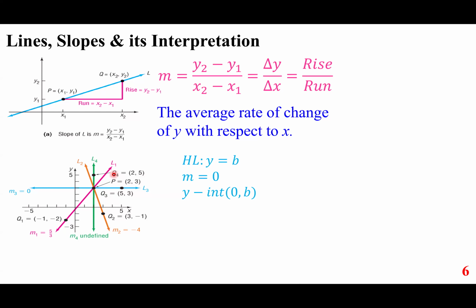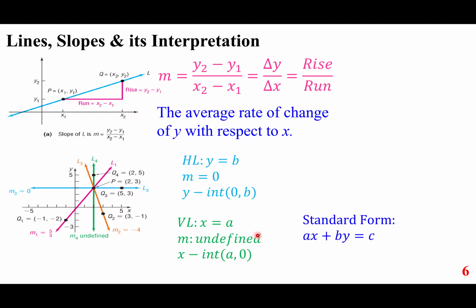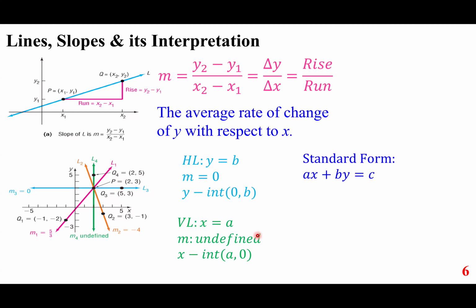The vertical line, x equals a. Vertical line crosses at some point a comma 0 in general. X equals a, the slope is undefined. Standard form of a line is ax plus by equals c. Slope intercept form is y equals mx plus b.